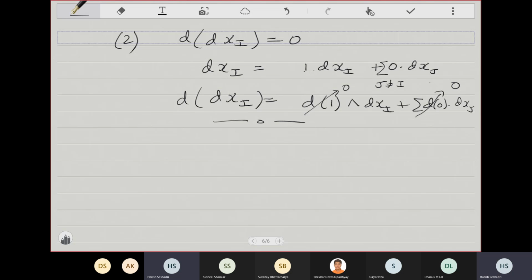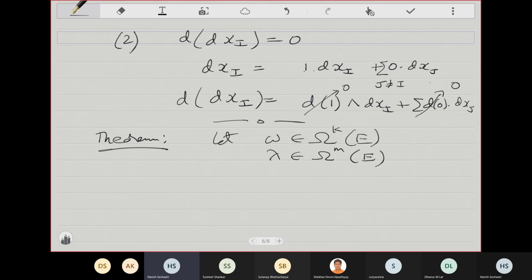Now comes the main thing. So let's call it a theorem. Let omega belong to capital Omega k. In other words, it's a k form, and lambda is an m form. When I do this, d of omega wedge lambda.